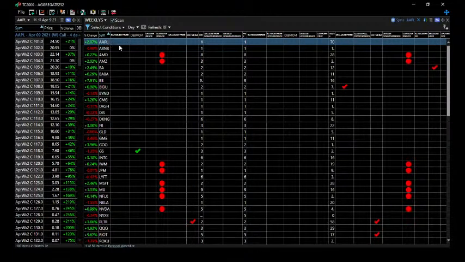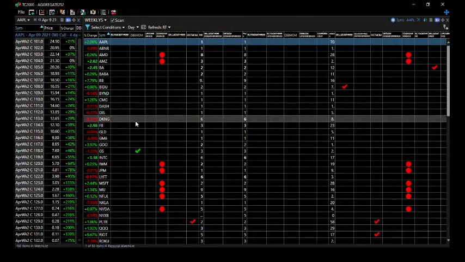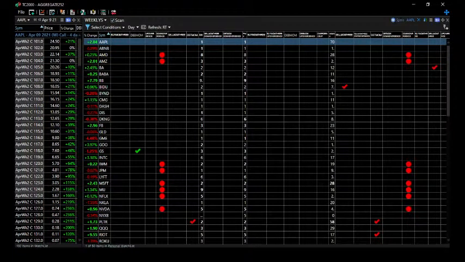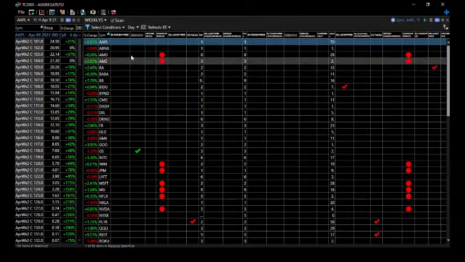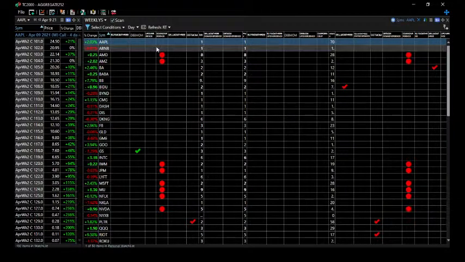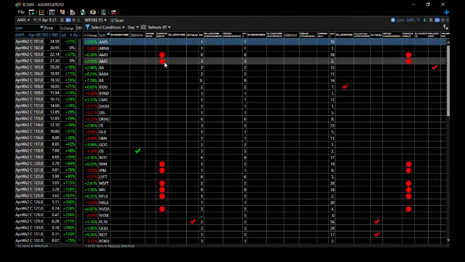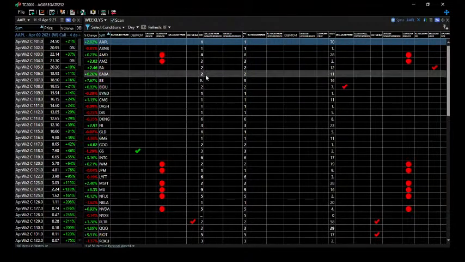So what I typically do is I'll go through each one, looking at the charts and see if I have a potential trade. So this is Apple, nothing there. Remember the red dots and red checks indicate a sell signal.